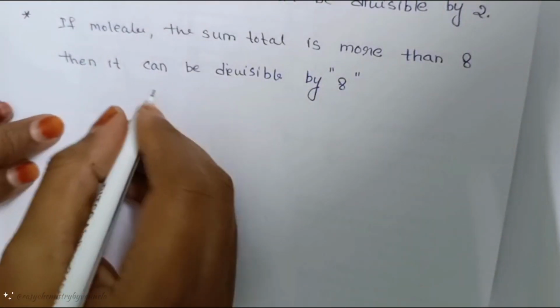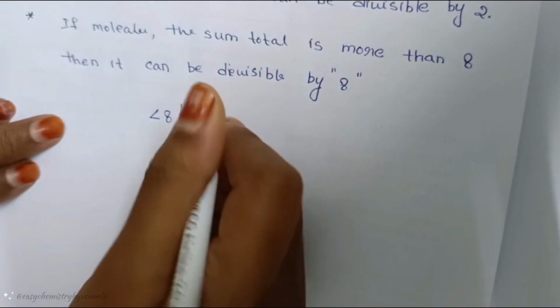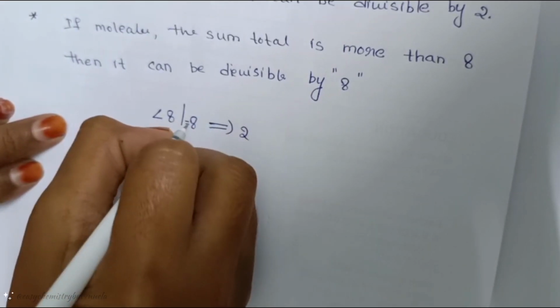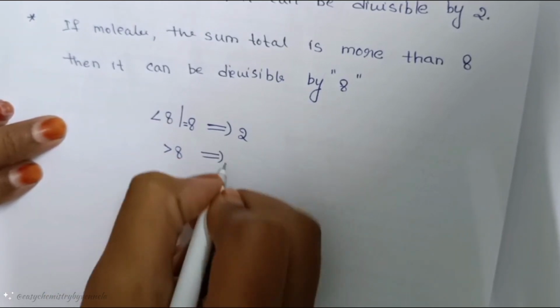Less than 8 or equal to 8 can be divisible by 2. More than 8 is divisible by 8.